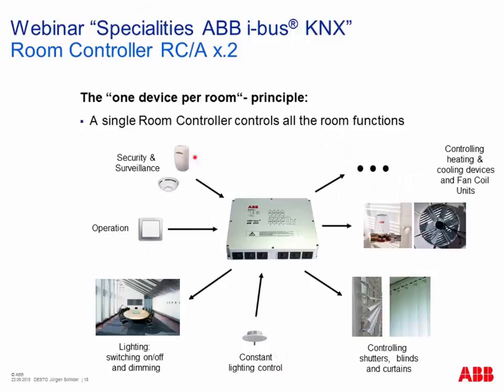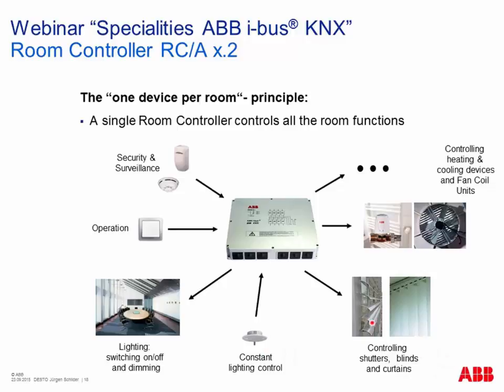You see on the next slide the principle. We can connect any inputs, for example, conventional push buttons, any other contacts, could also be a smoke detector, or here, for example, a watchdog sensor or a motion detector. But of course, all the loads we have in such a room: lighting on, off, so switching, dimming, constant light control can be established.